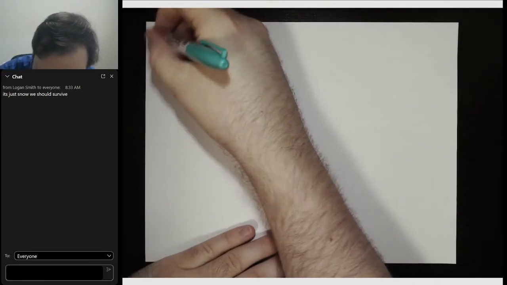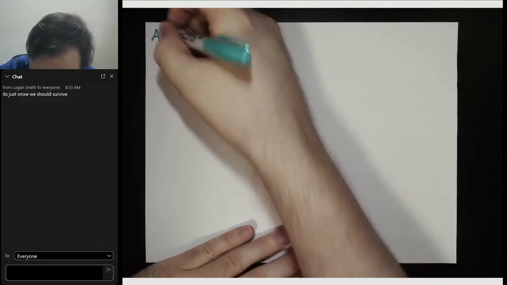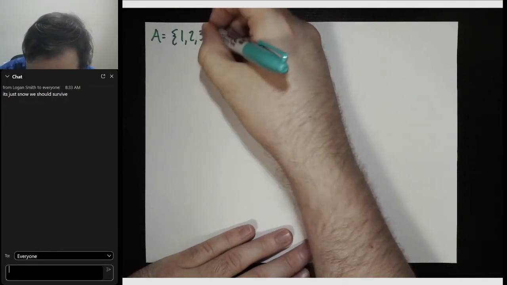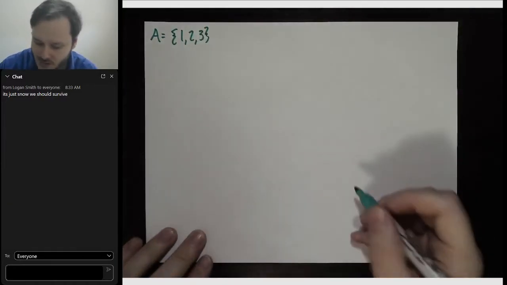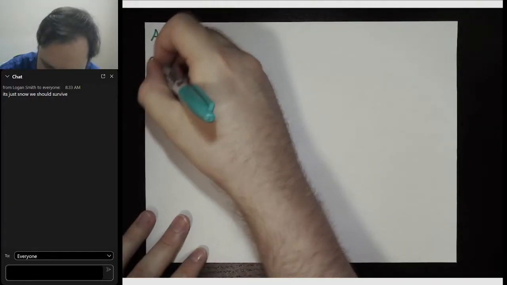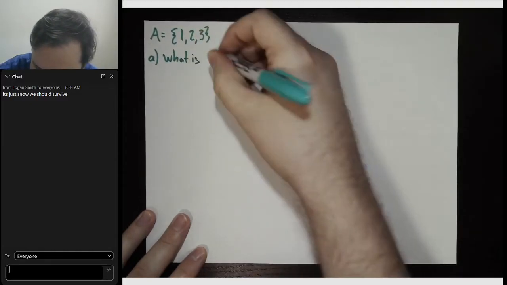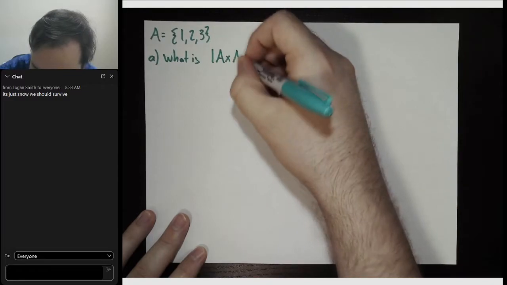So let's do a warm-up problem together. Let A be the set {1, 2, 3}. There are several parts. What is the size of A cross A?